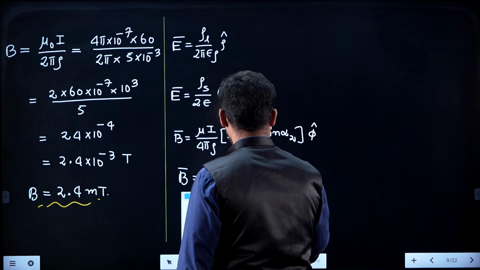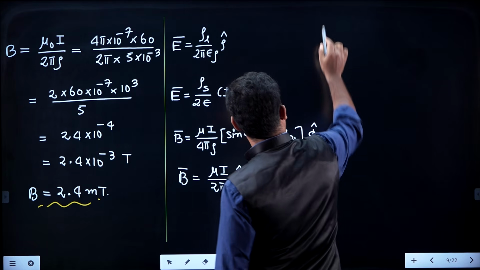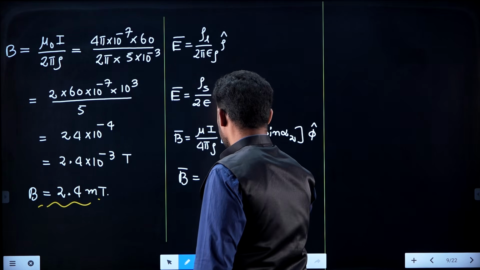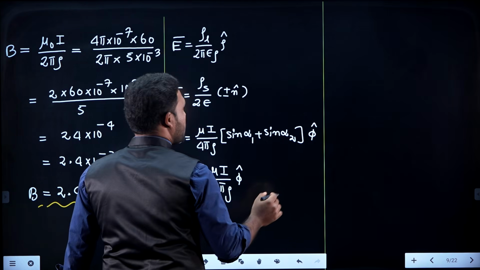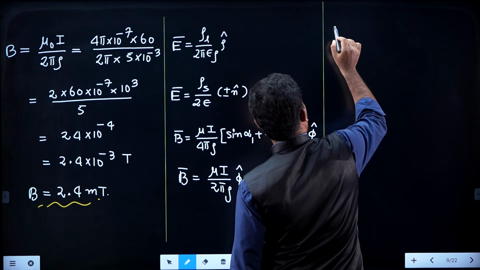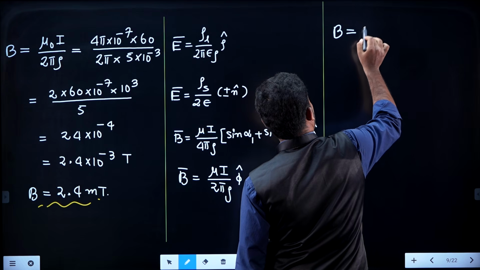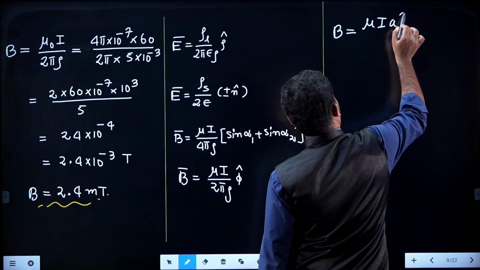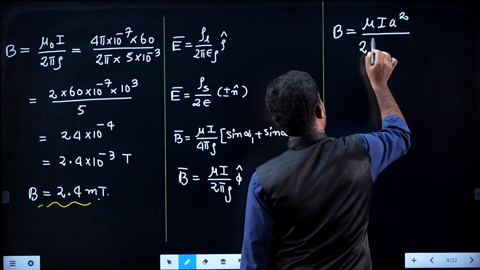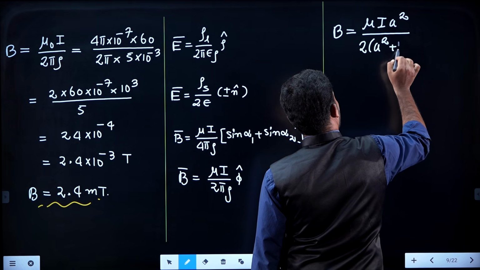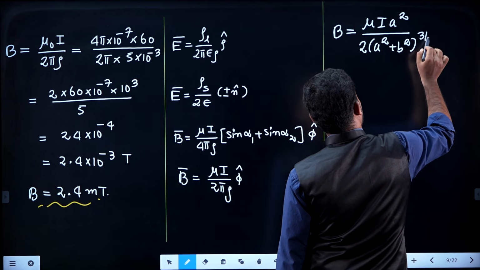The other one is magnetic field due to circular loop, B is equal to mu I a square divided by 2 into a square plus b square to the power of 3 by 2.